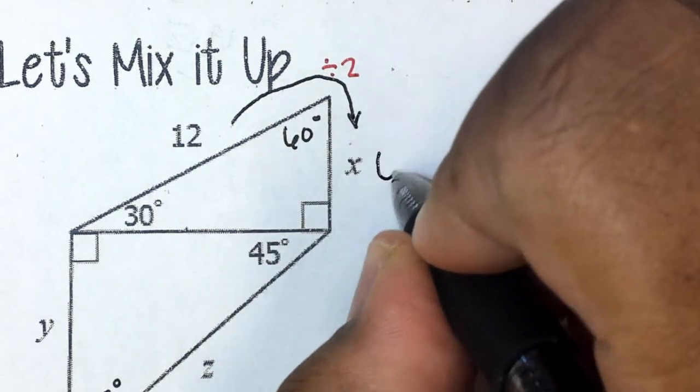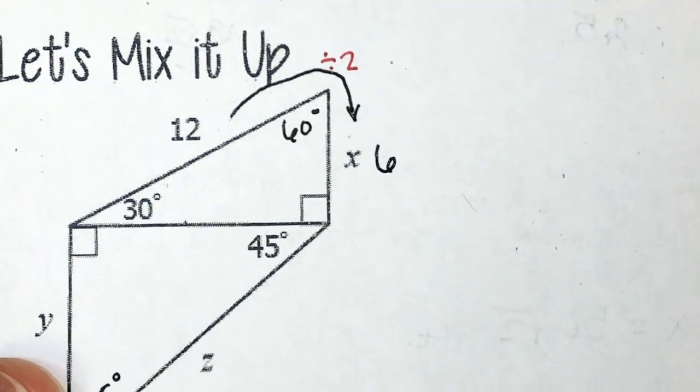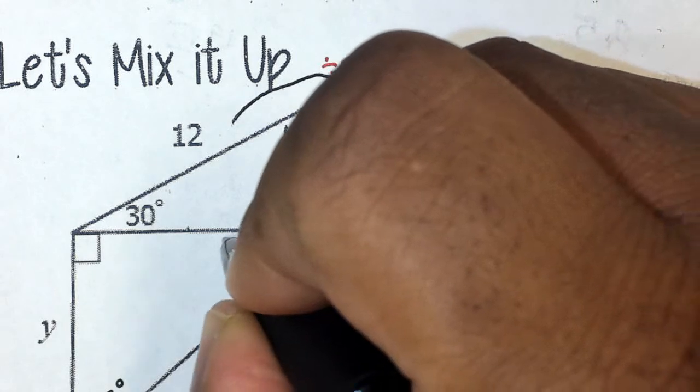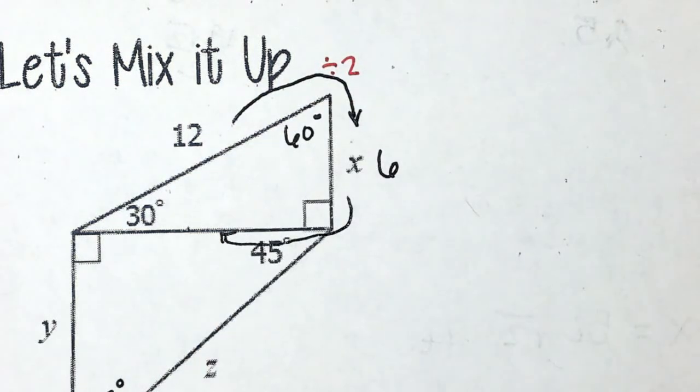Yeah, 6. So you got x equals 6. That's a good start. And then from there we're going from short leg to long leg. If I've got my short leg, how do I get here? I'm looking for the longer leg, man.